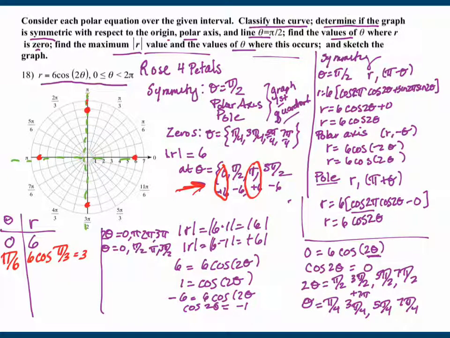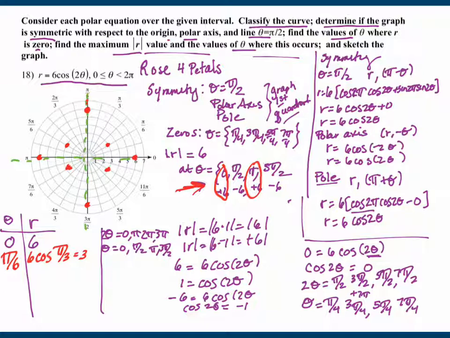So at pi over 6, I'm equal to 3. So I'm right here. Now I'm going to get 4 other points off of that, because if I reflect it over the polar axis, I'm at 11 pi over 6. And then if I reflect it over theta equals pi over 2, I'm at 5 pi over 6. And then 7 pi over 6. So I got 4 points out of that guy.